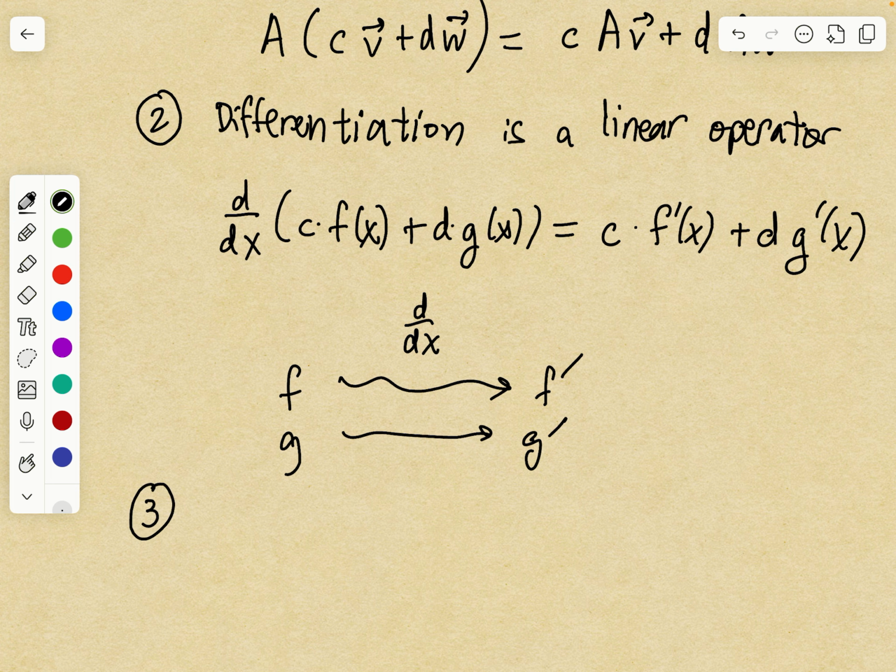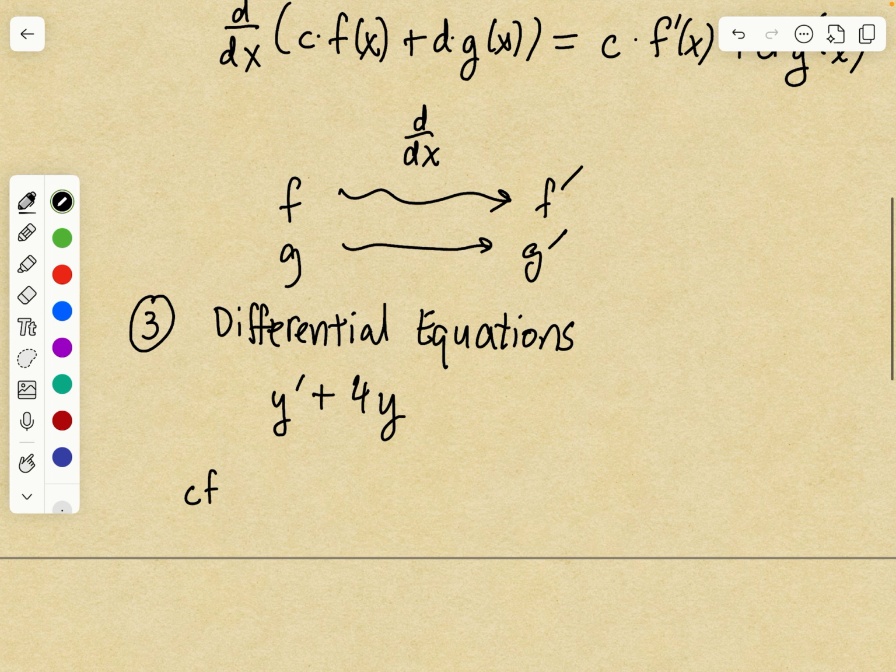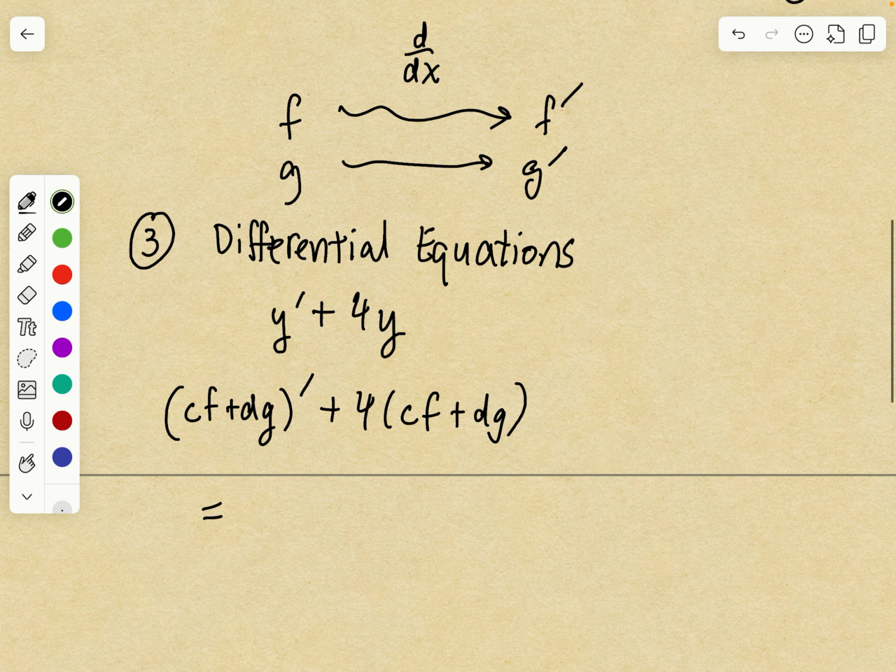And then the third scenario where you see this is in differential equations. So if I have something like y prime plus 4y, and I take y to be a linear combination of two functions, cf plus dg, then the derivative plus 4 times cf plus dg is going to be c times f prime plus 4f, plus d times g prime plus 4g.